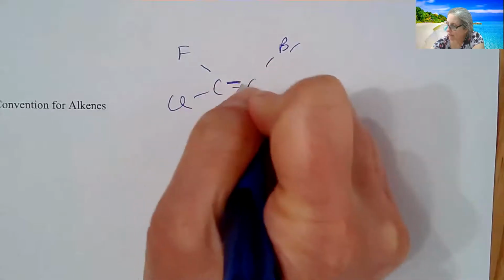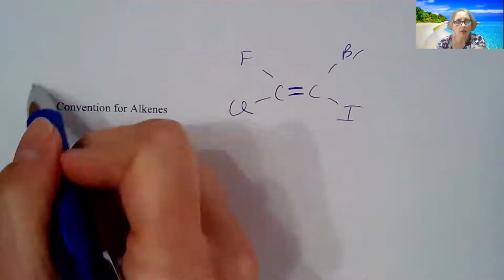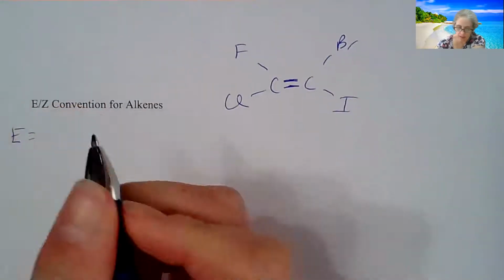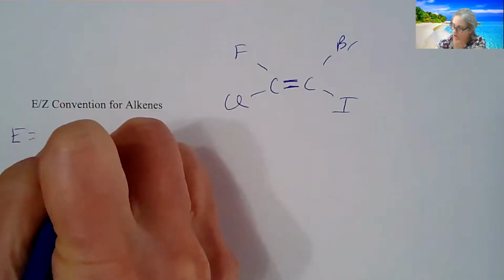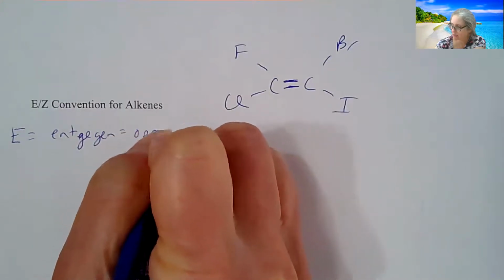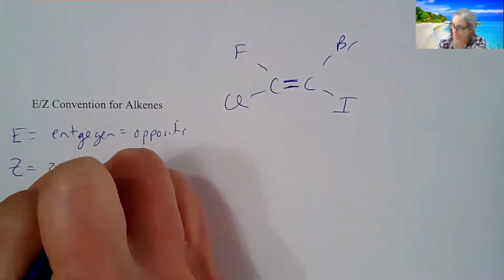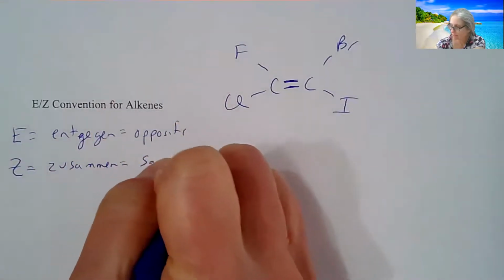If you have substitutions that are different, you have to use the EZ convention for this naming system. E stands for Entgegen, which is a little bit of German. You don't need to know that, but it means opposite. And Z stands for Zusammen, which means same.